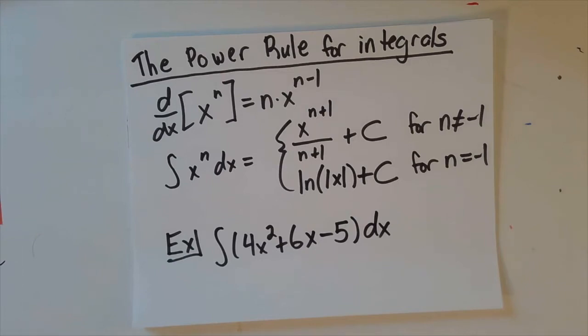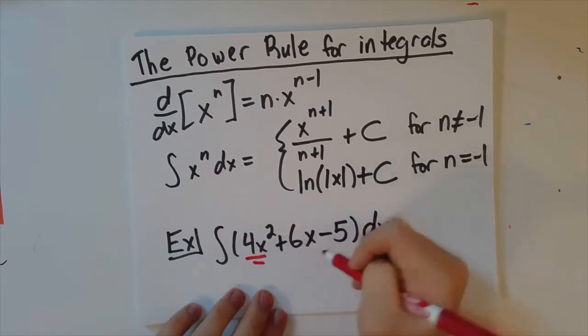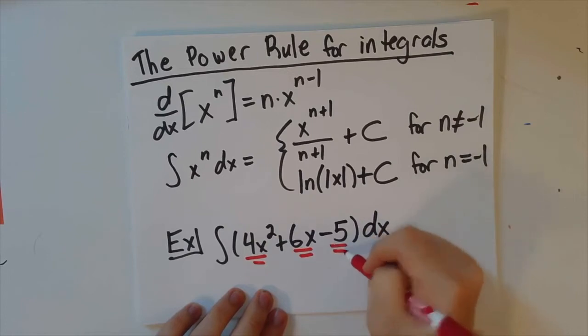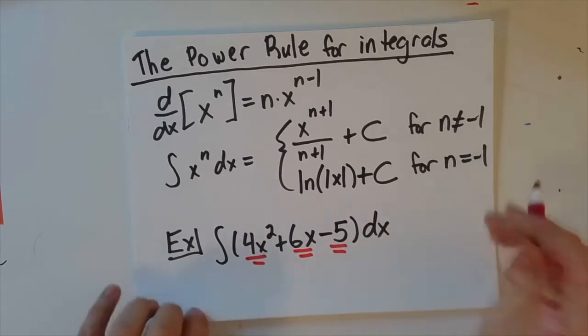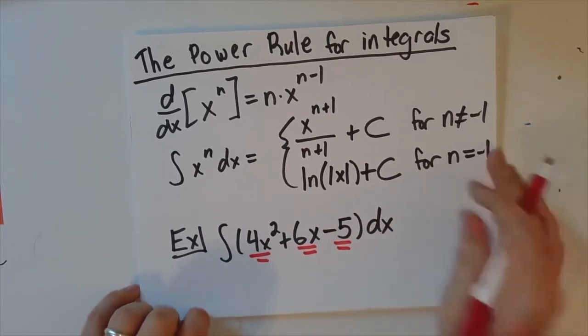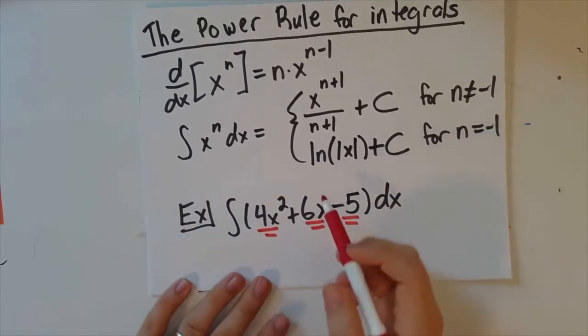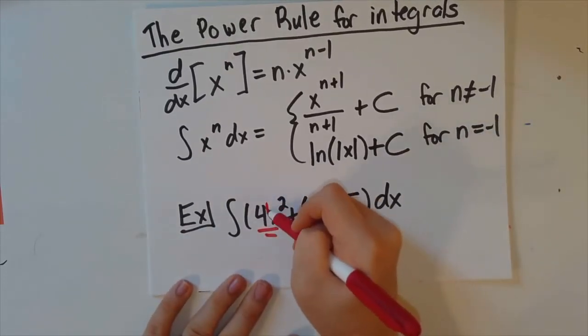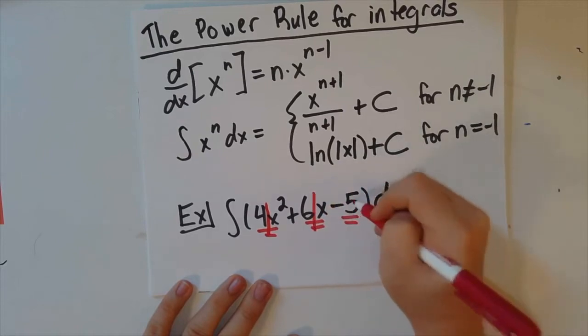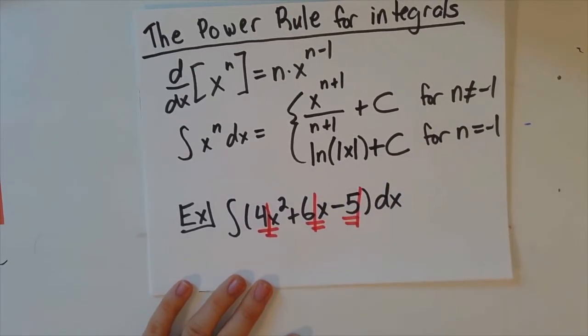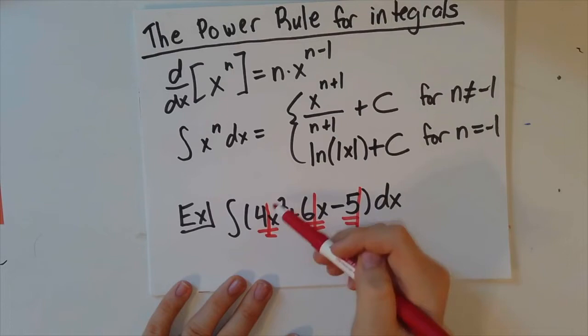So that is, we're separately going to consider the 4x squared, the 6x, and the minus 5. And not only that, we can also basically ignore the constant part at the beginning of each of these and just carry that forward.